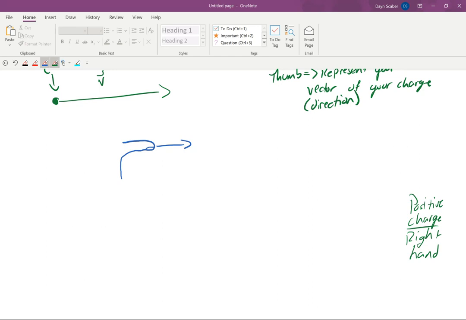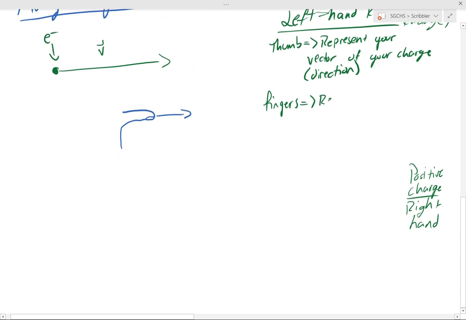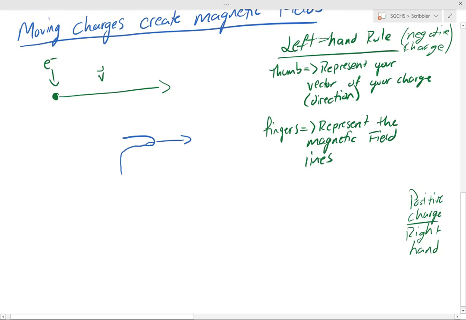Now, how about your magnetic field? Your magnetic field is going to be represented by your fingers, and your fingers are going to wrap around this electron. So your fingers represent the magnetic field lines, and they're going to wrap around.